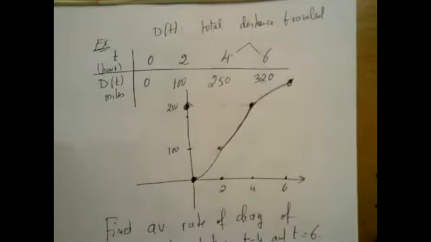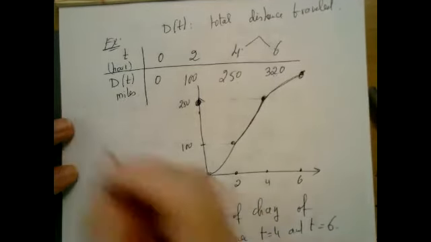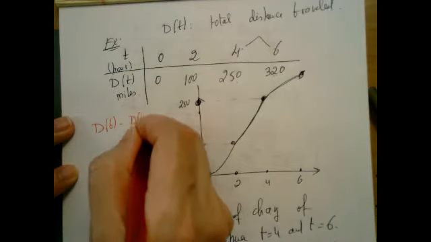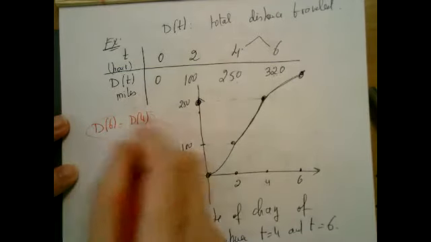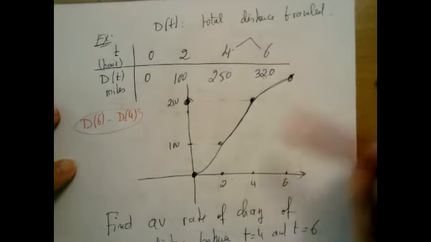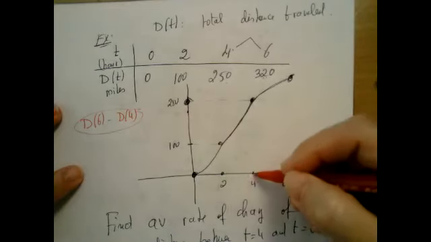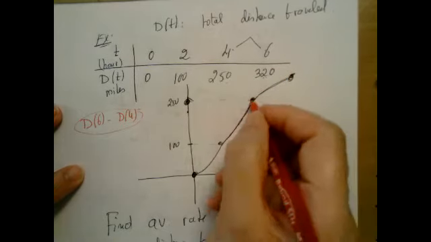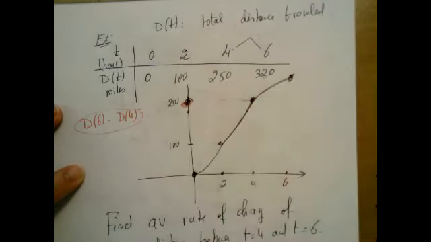So I'll go back to my picture. What is my average rate? It's d of 6 minus d of 4. Very good. What does this represent in terms of the problem? D of 4 means the distance the object has traveled after 4 hours. So after 4 hours, he had traveled 250.